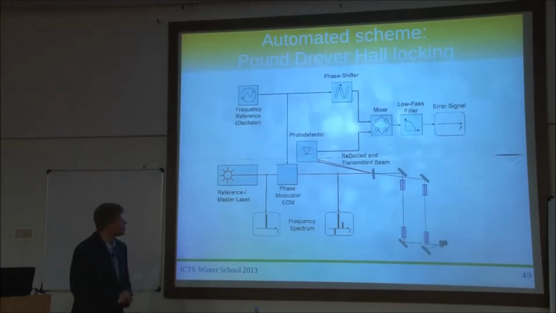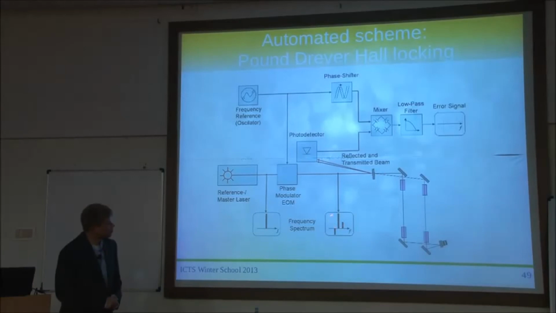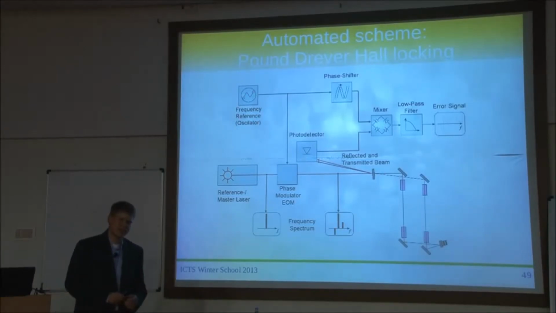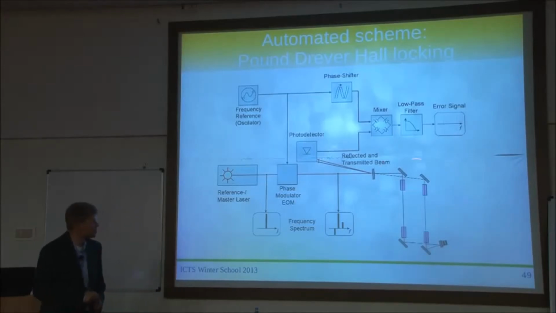Then this phase modulated light is sent to the slave system. Of course, you want to pick the driving frequency such that it's wider than the line width of that system, and a bit narrower than the free spectral range. The purpose is that the sidebands are reflected at that mirror here, so they don't fit in.